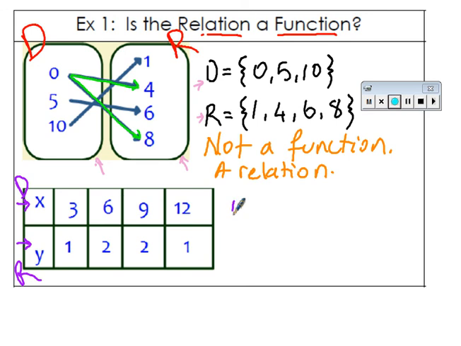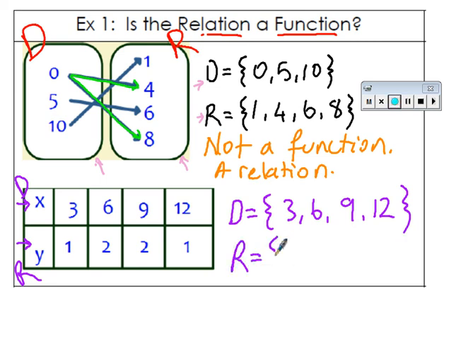If I were to make a list of the domain, I will do 3, 6, 9, and 12. If I were to make a list of the range, I will write 1, 2. Because 2 is repeating, you don't have to write it twice. 1 is also repeating, we don't have to write that twice either. And I close my brackets.